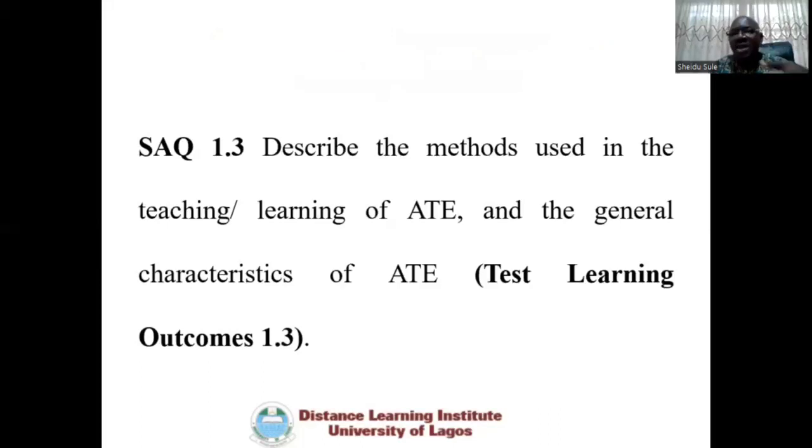Describe the method used in the teaching and learning of African traditional education and highlight the general characteristics of African traditional education. This particular question measures learning outcome 3.